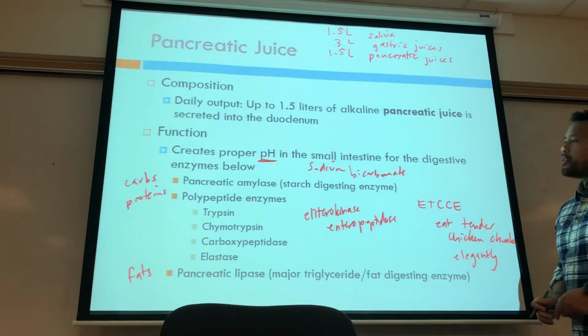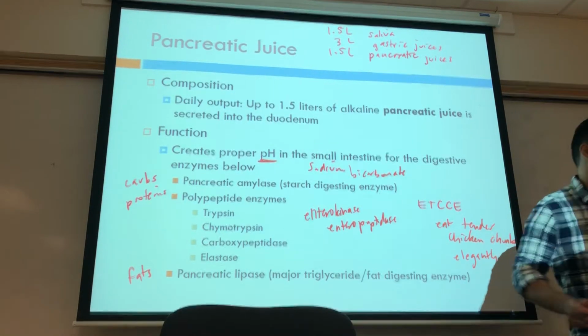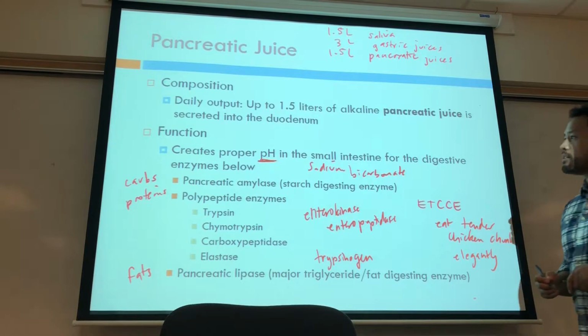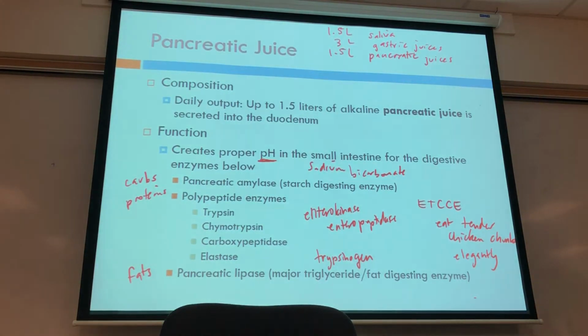Now, technically what's happening is we actually have that enterokinase or enteropeptidase. One of the things that I won't really go too much into is that trypsin is not actually released as trypsin. It's actually released as trypsinogen. Just like you saw in the stomach for pepsinogen, just like you saw angiotensinogen in our endocrine system.